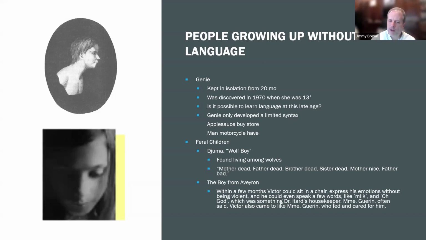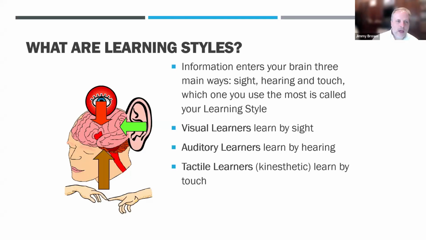He couldn't really express emotions, but he could speak simple words like milk, oh God, really repeating Madame Guérin, Dr. Itard's housekeeper, because she became the maternal caregiver that he most identified with. So there's some examples there. There's lots more on the internet. I'm sure you can find loads of YouTube videos on the feral children.